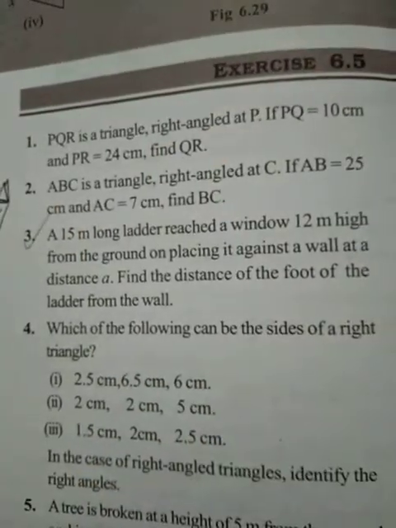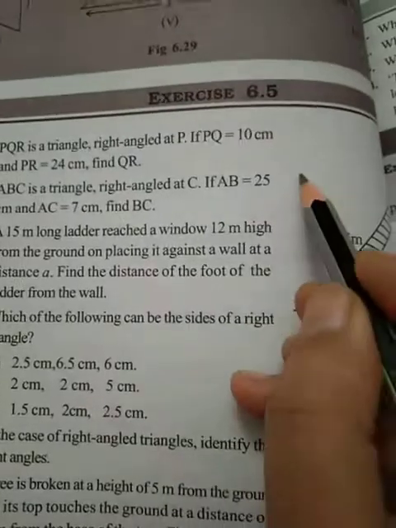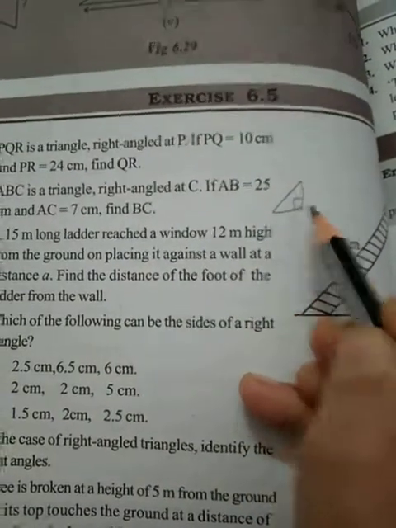Now see the next question: ABC is a triangle right angled at C. This is right angled at C, this one.